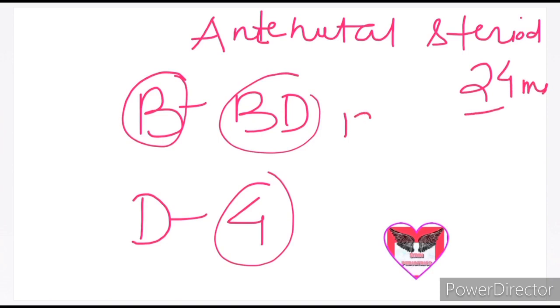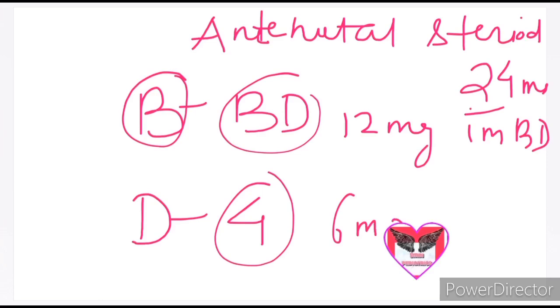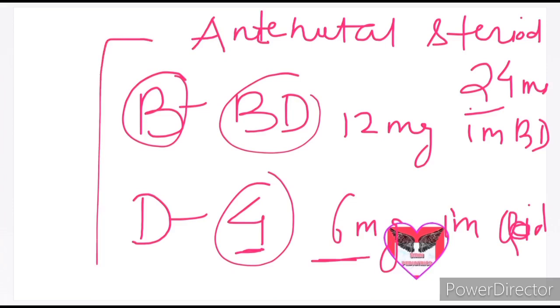So 12 milligram IM BD for betamethasone, and 6 milligram IM QID for dexamethasone, 4 doses.